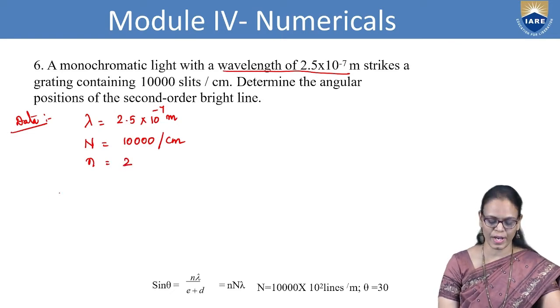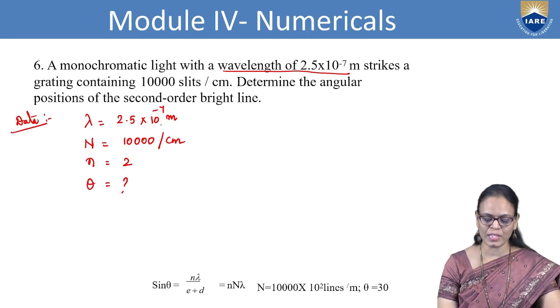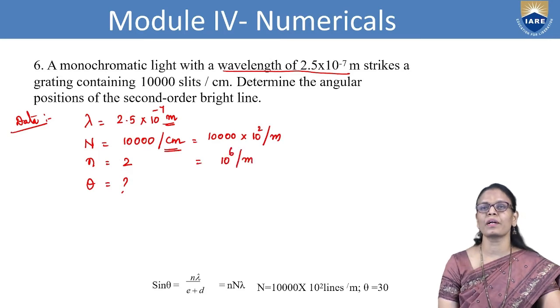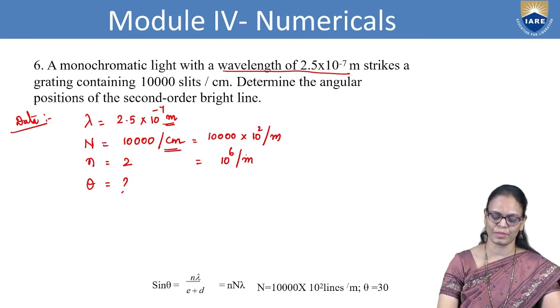We have to find theta. Because this is in meter, we'll convert this also into meter. So this will be 10,000 into 10 power 2 per meter, or we can simply write it as 10 power 6 per meter.